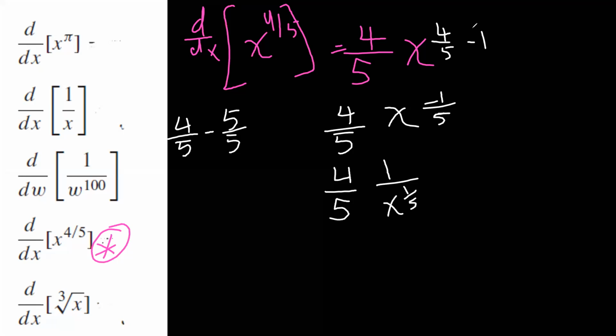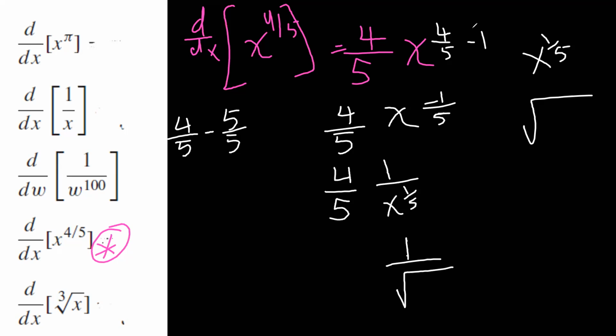How can we write it? It will be 1 over the square root of x to the power of 5. No, it will be the fifth root of x.